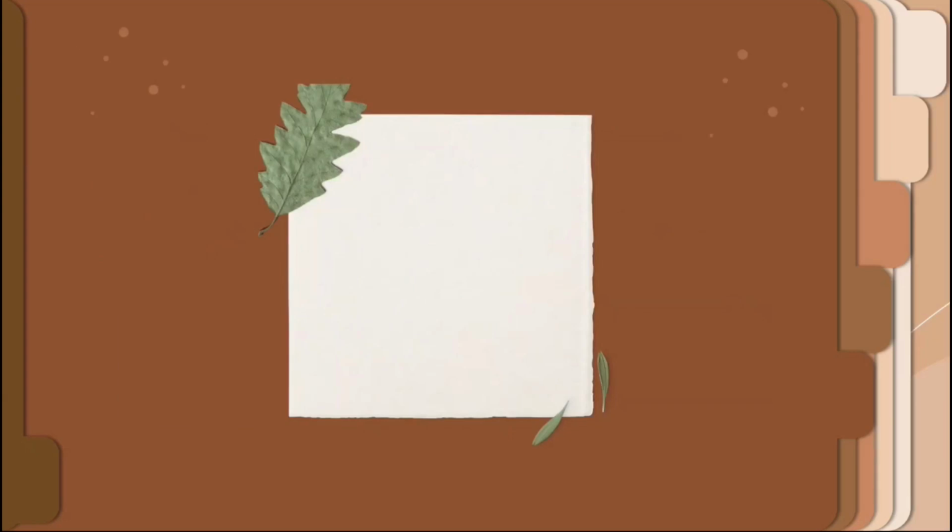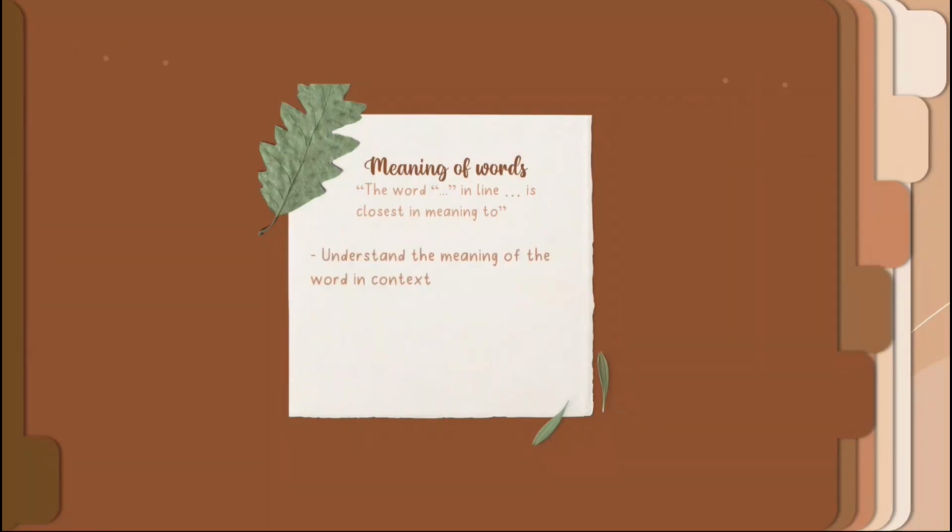So the next type of question is the meaning of words. And they usually come in the form of the word ... in line ... is closest in meaning to ... And my tips for answering these types of questions would be to understand the meaning of the word in context.